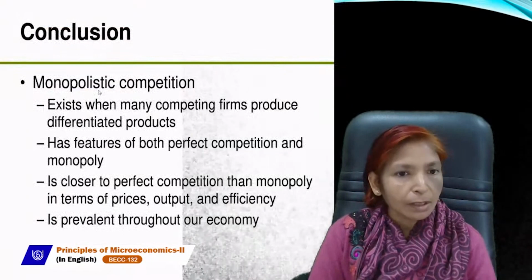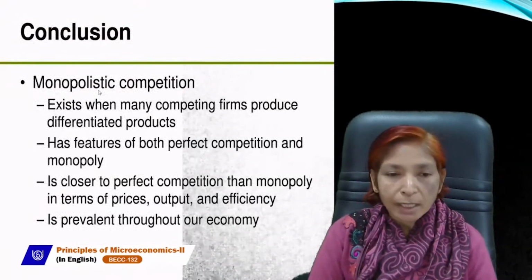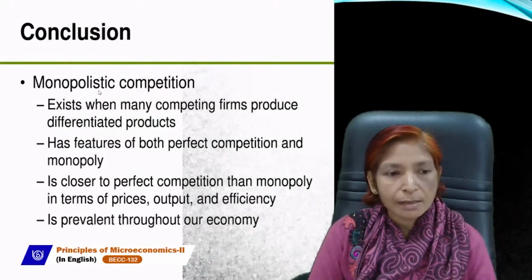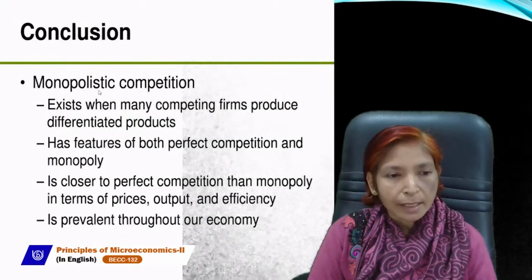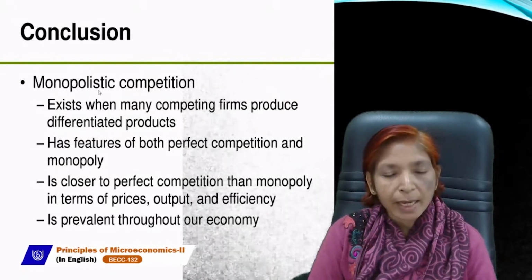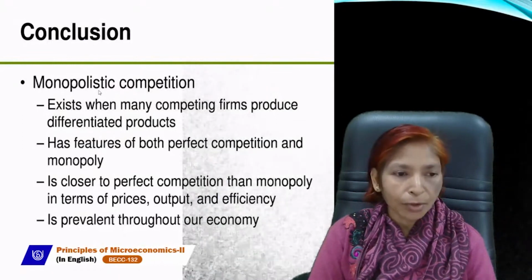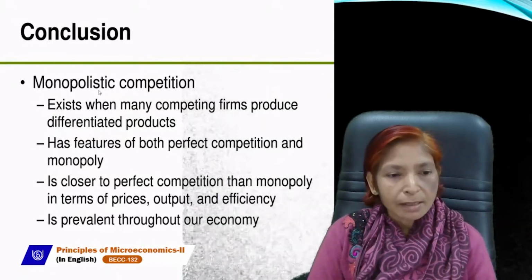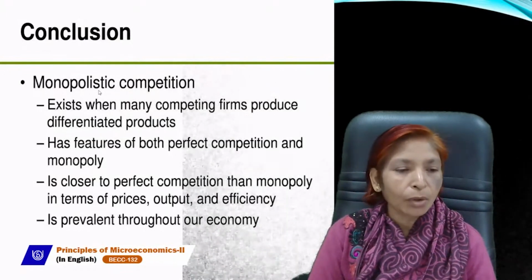Next, conclusion. Monopolistic competition is a market in which very many buyers and sellers exist, and this market exists when many competing firms produce differentiated products. It has the features of both perfect competition and monopoly.